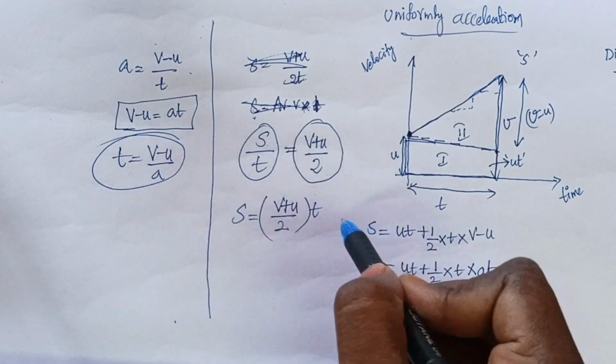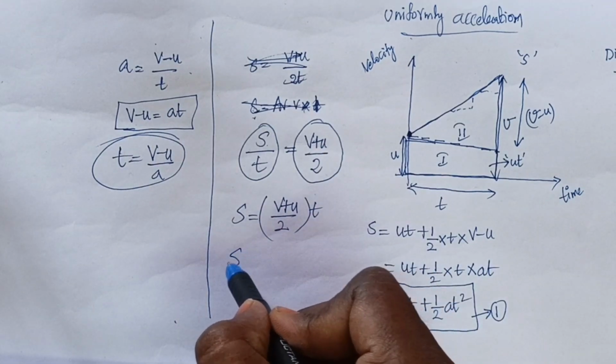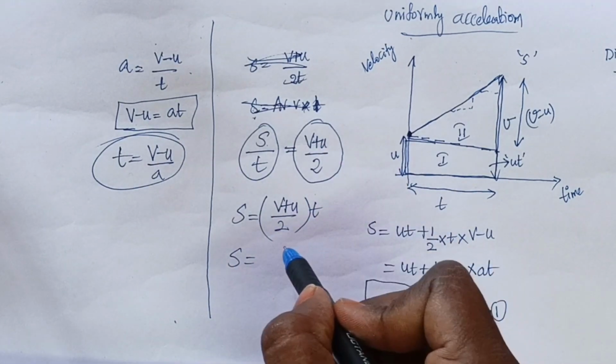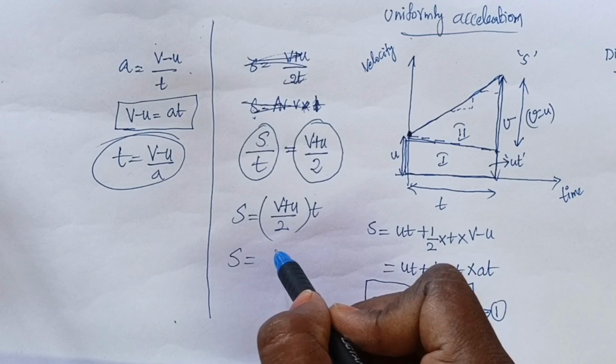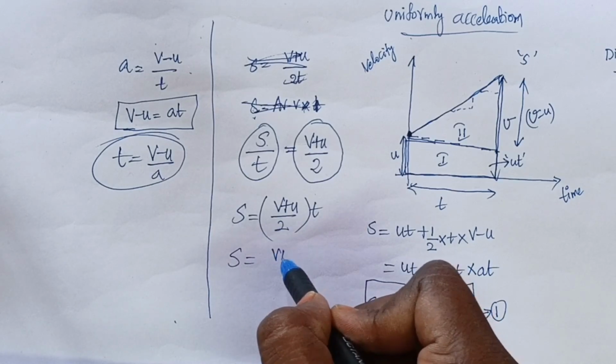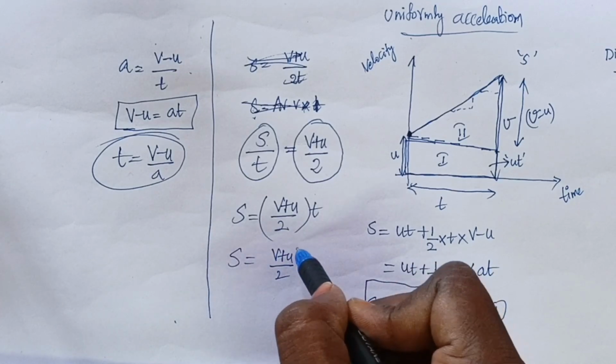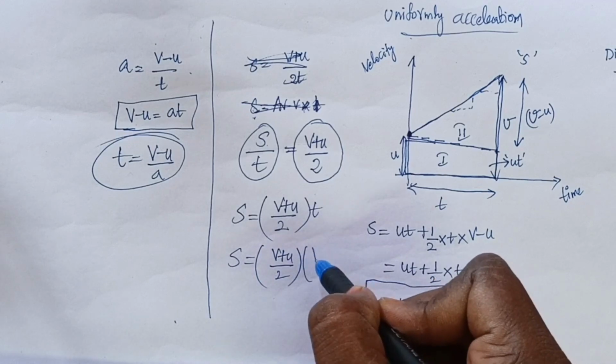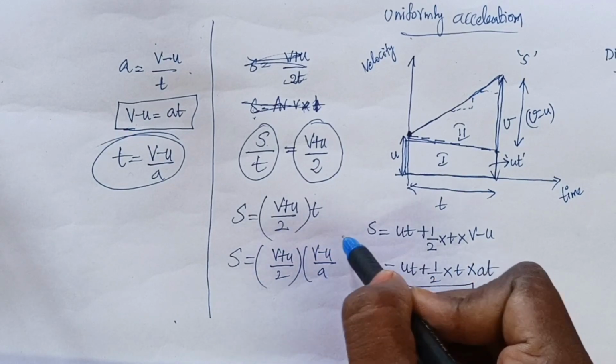By substituting that here, you will get one more equation of motion, which is (v plus u) by 2 multiplied with (v minus u) by a.